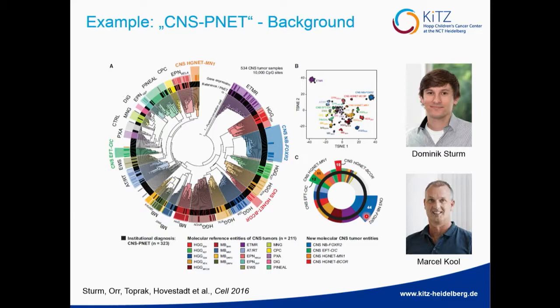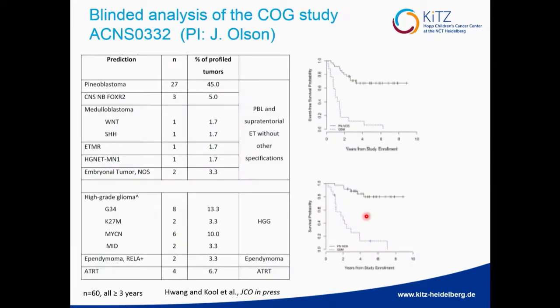And now the next step to really apply this further was we received a cohort of a COG study that was conducted by Jim Olson out of Seattle, where they ran a supratentorial PNET study, and again, included all the patients that were locally diagnosed as a CNS-PNET. We applied this method to this cohort in a completely unbiased and blinded fashion, so we only got the slides sent over to Germany.